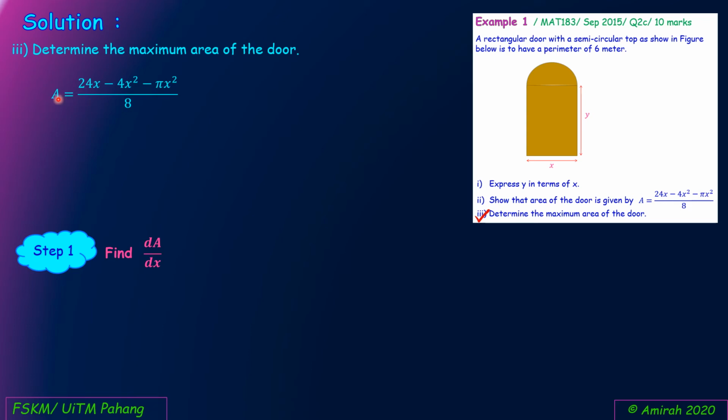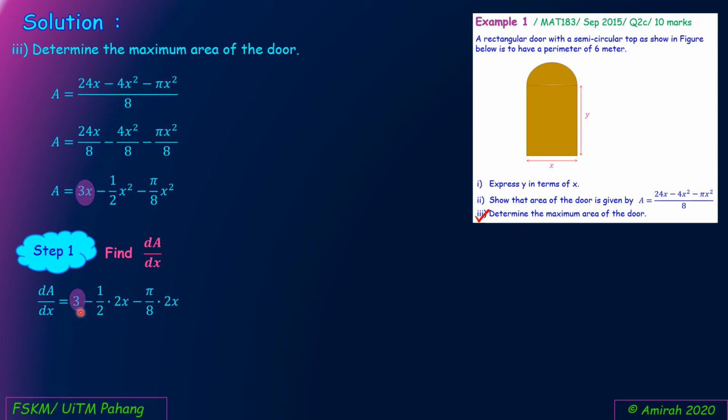So to differentiate this equation, we can separate first. So we separate the denominator, then we simplify, so we get 3x minus half x squared minus pi over 8 x squared. Then we can differentiate. We differentiate A with respect to x, so we get dA over dx. We differentiate 3x, we get 3.